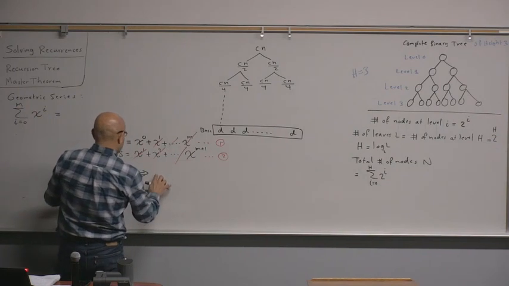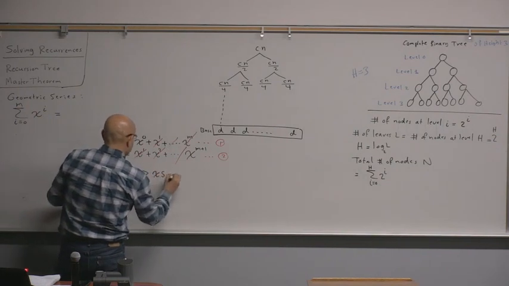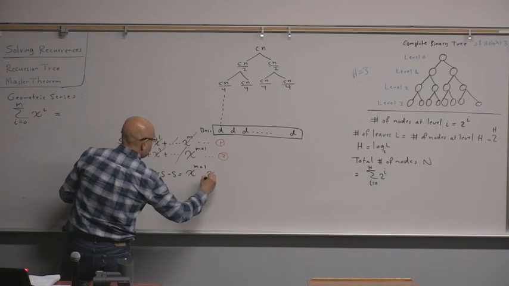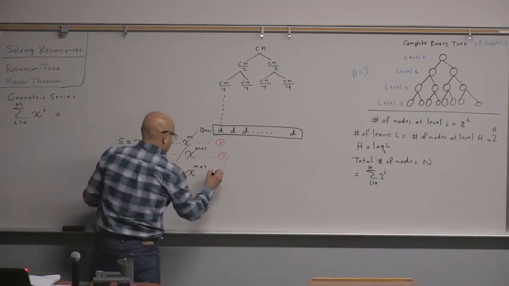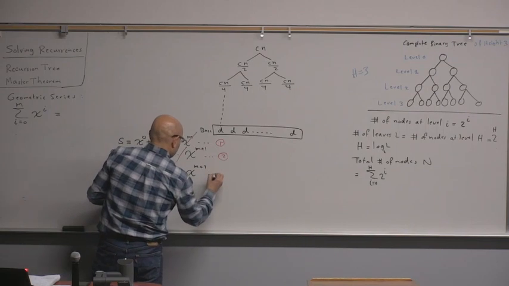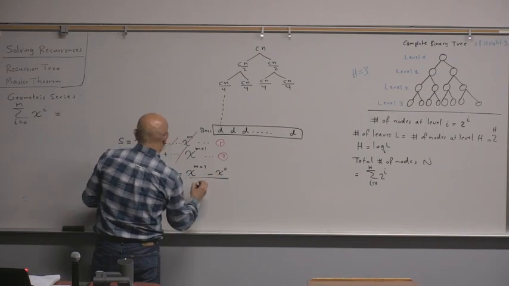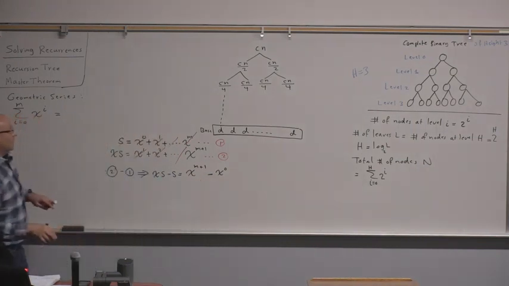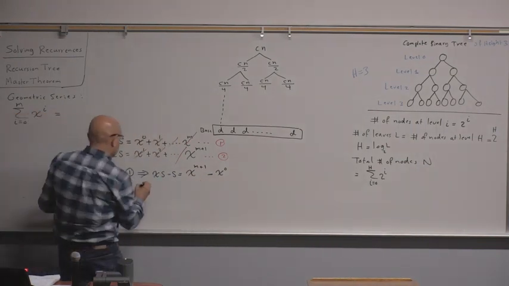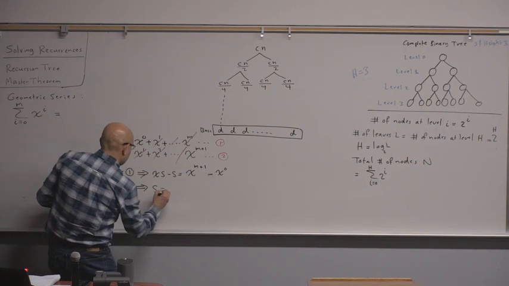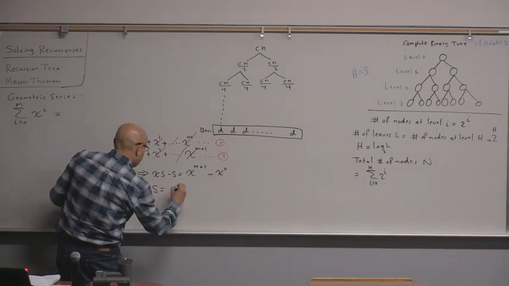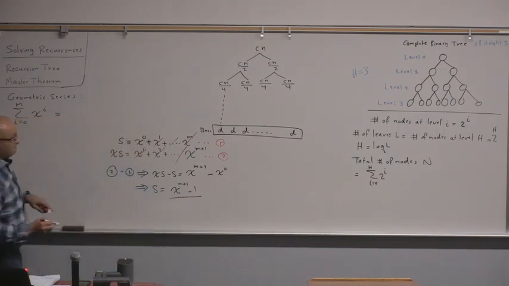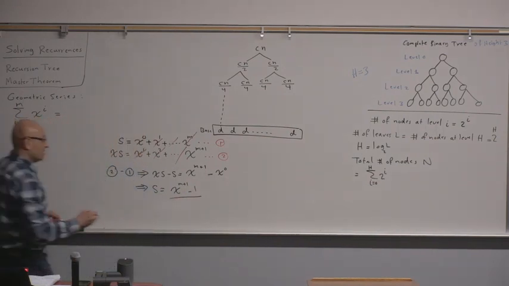So this gives us xS minus S equals x power m plus 1 minus x power 0. This means that S equals x power m plus 1 minus 1, divided by x minus 1.